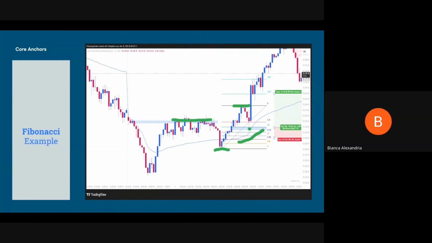Price moved not only to this first take profit, which on my chart is a negative 0.27, and then take profit 2, which is a negative 0.61. So you can use fibs, as I stated, not just for entry, but also for exits as well.